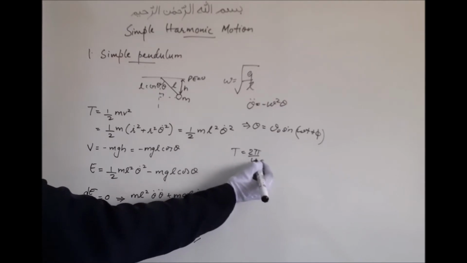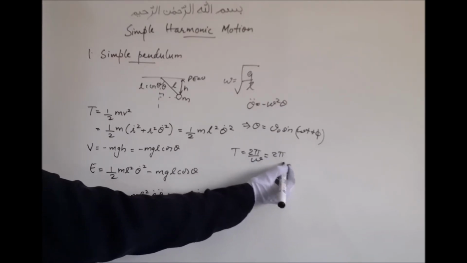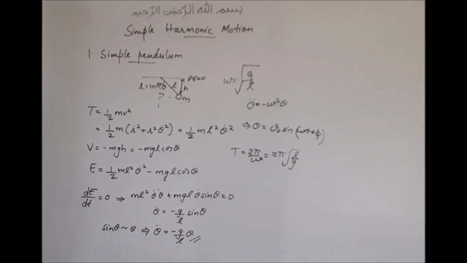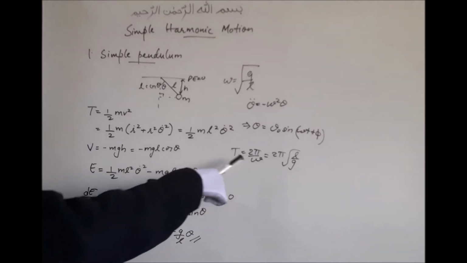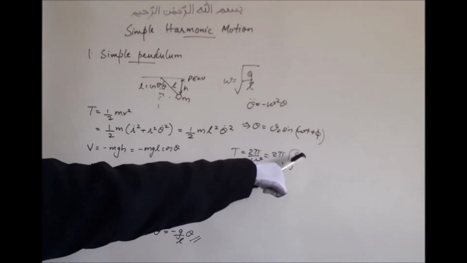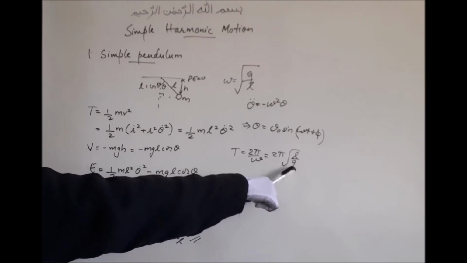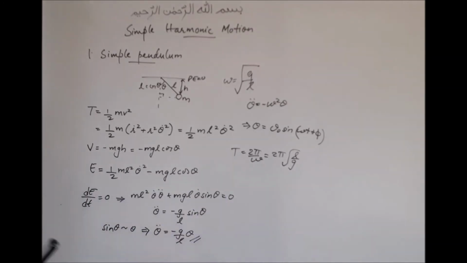So that will come out to be 2 pi root of L by g, because omega is root g by L. Or roughly you can say that time period is equal to 2 pi root of L by the downward force or downward acceleration which is acting. I'll explain that. We'll be looking at some cases, then you will understand that.